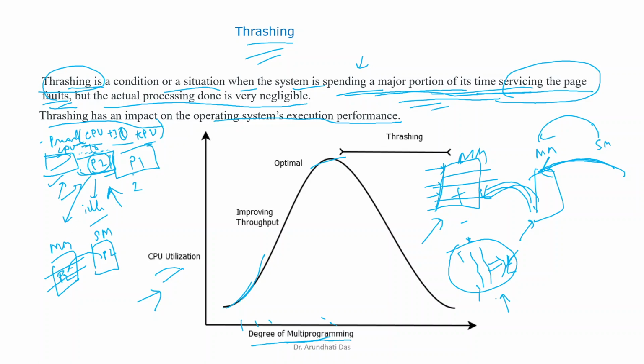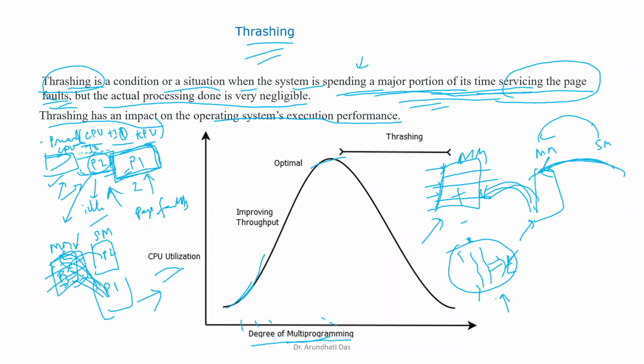Now when P1 is ready after the IO for execution, my main memory is limited, so I have to unload the pages from P2 and load all the P1 pages again to the main memory. So in the third slot of time, when the CPU requests the pages from P1, those will not be there in the main memory. So there will be page faults, right? So again the P1 pages have to be loaded into the main memory.